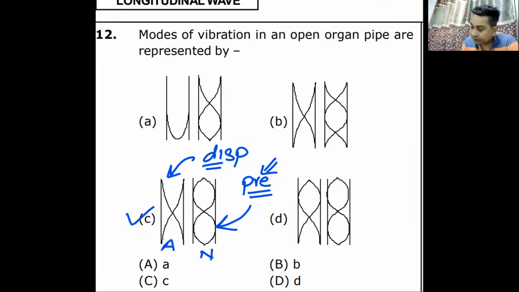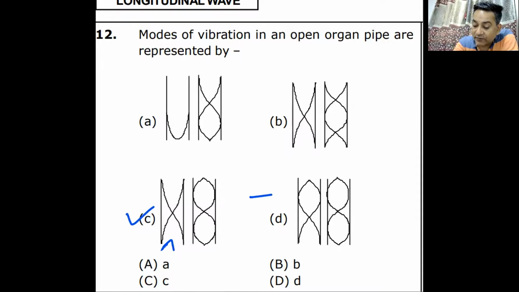In this case, the diagram is not given like this. I just wanted to let you know. Here the diagram is given only in terms of displacement. So if it is given only in terms of displacement, we will have an antinode at the end.